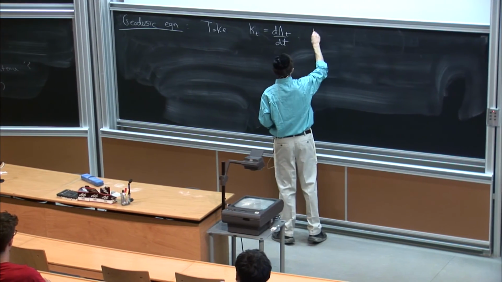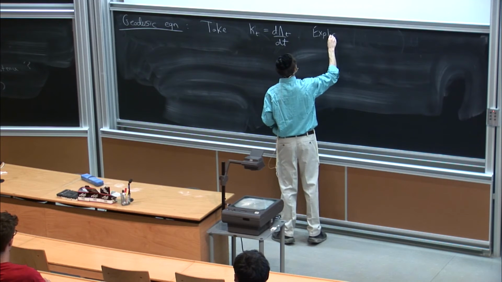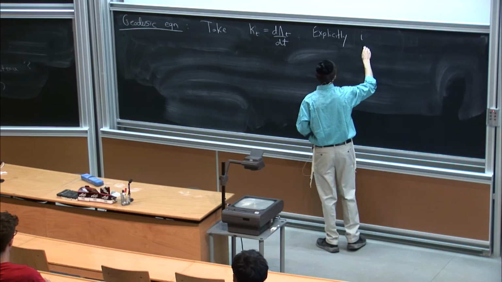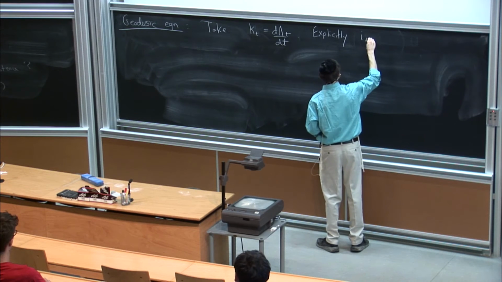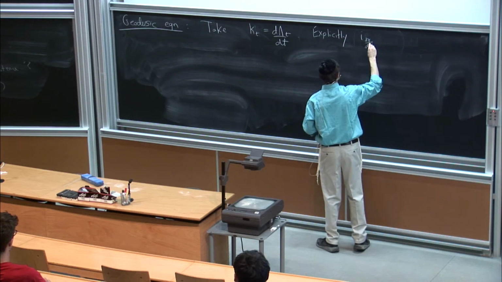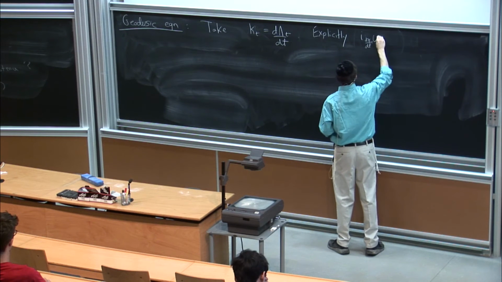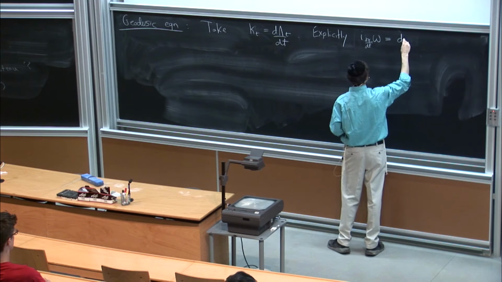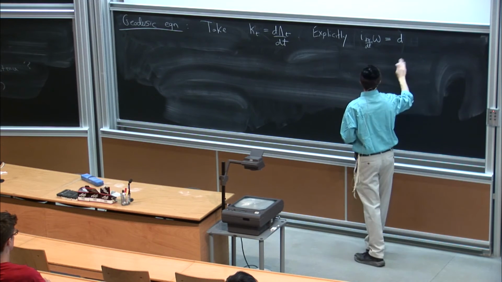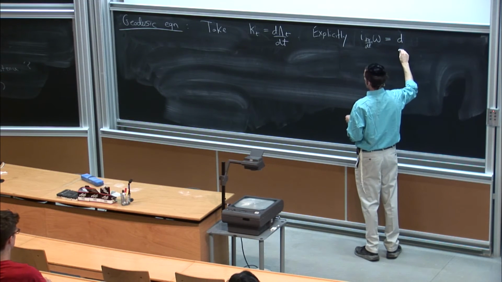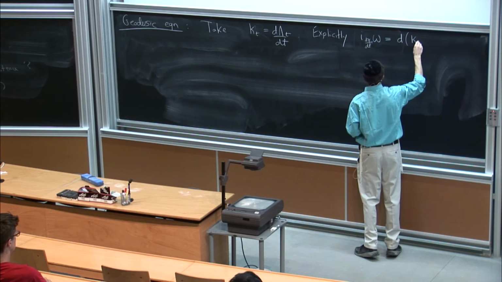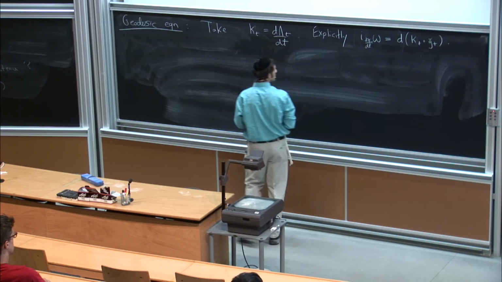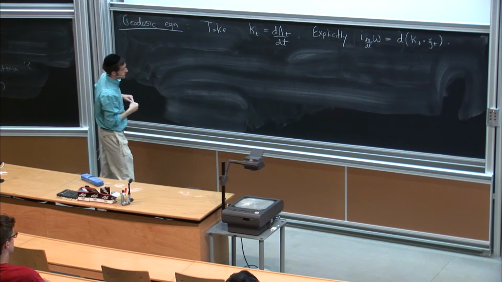So explicitly, this means that I dg tilde_t/dt of omega is equal to d of k_t composed with that. All right.